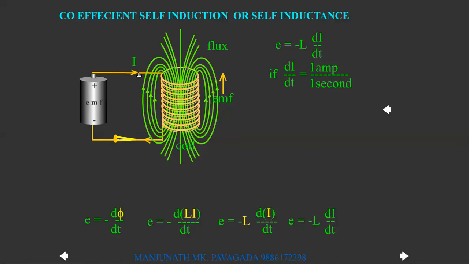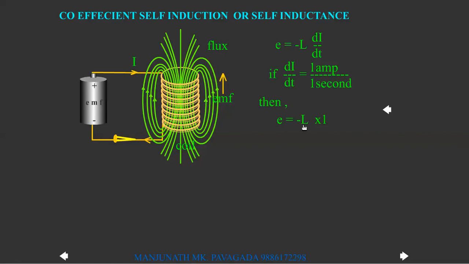Then this equation becomes E is equal to minus L into 1, so E is equal to L in magnitude. It means the value of the coefficient of self-induction is numerically equal to the value of EMF. Their units are not equal, they are only numerically equal.